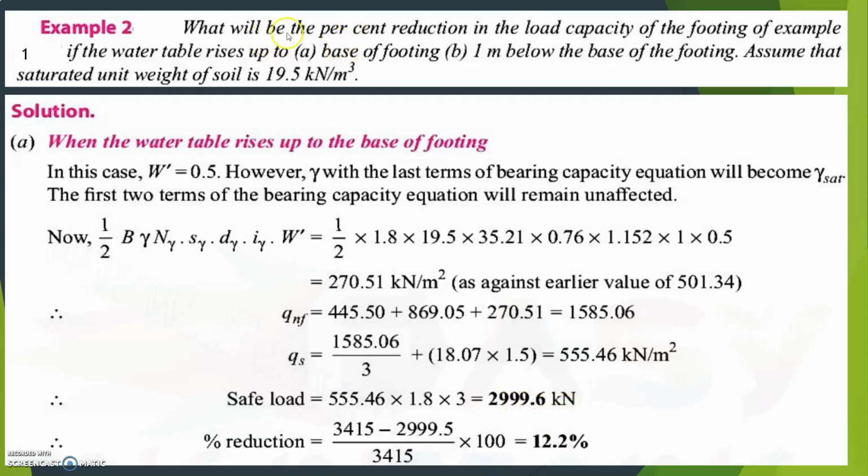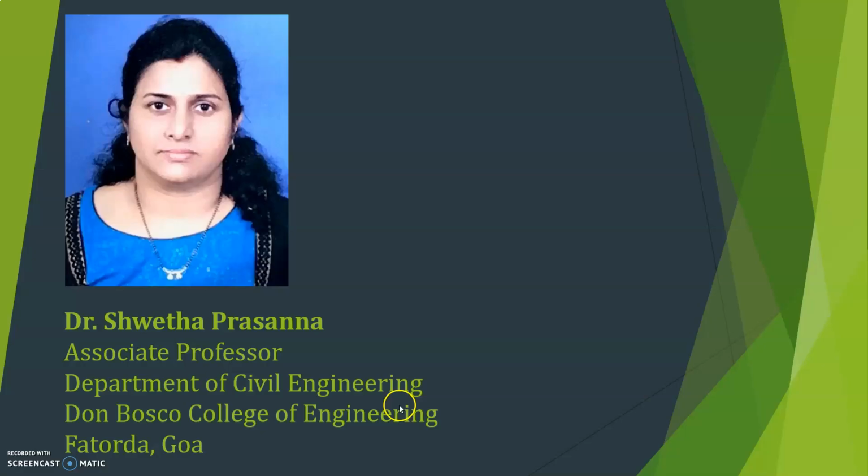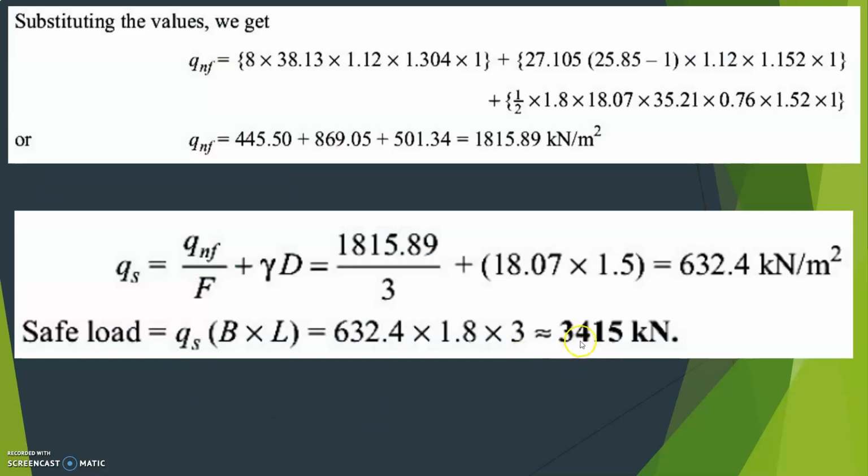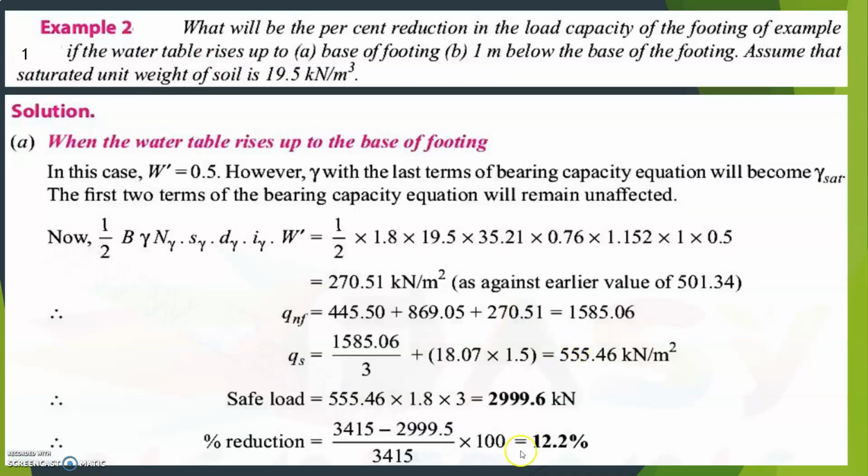Now it is asked to calculate percent reduction in the load capacity, which means we have to compare with the original value, that is without water table. What value we have got here? 3415 kilonewton safe load is equal to 3415. So substitute that: initial minus final divided by initial into 100 gives the percent reduction.